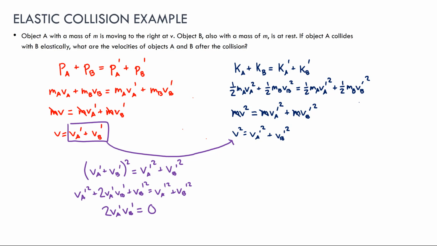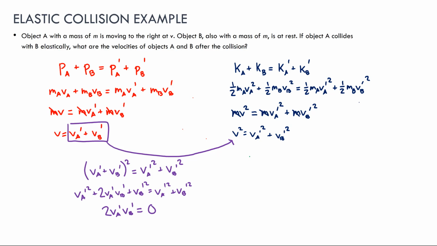Well, that means that one of the velocities, either VA prime or VB prime, has to be 0 in order for this to occur. So the question is, which one is going to be 0? Is it going to be VA prime or is it going to be VB prime?